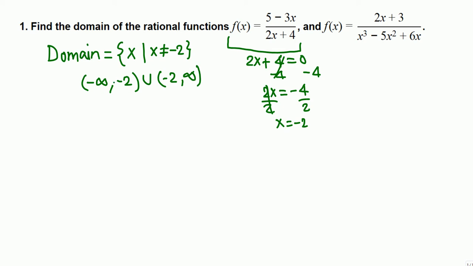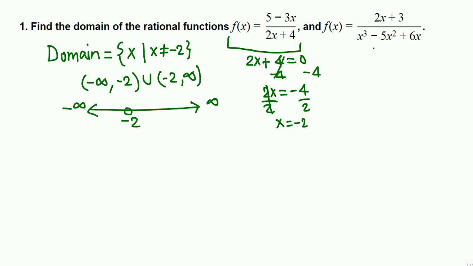So everything from negative infinity to positive infinity but -2. On a number line, negative infinity through positive infinity but -2.